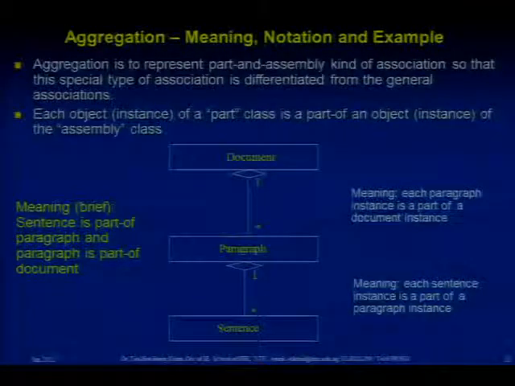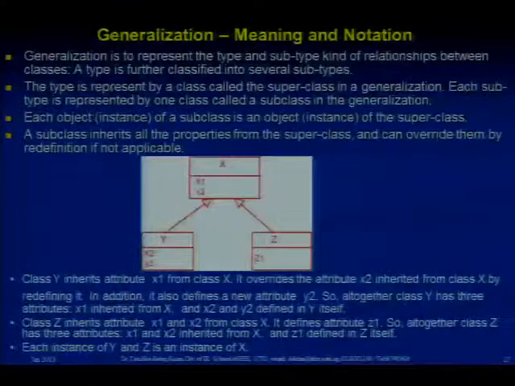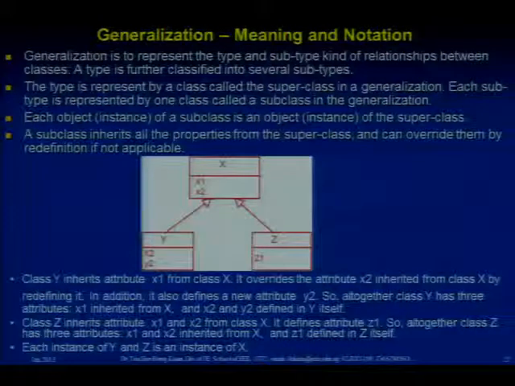If A is part of B and B is part of C, automatically A is also part of C. This is the property of transitivity. Okay, that is so much about aggregations.